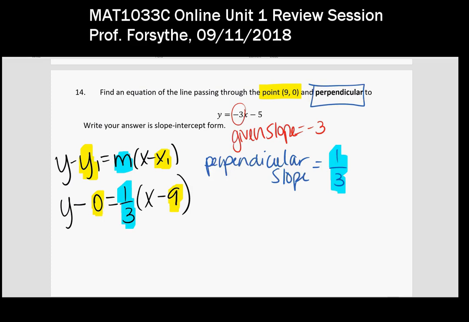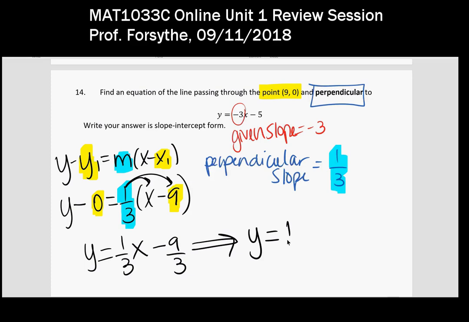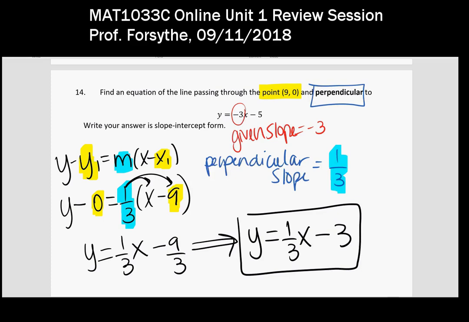So now, y minus 0 is just y equals, and now we're going to distribute this 1/3. So 1/3 times x is 1/3 x. Then 1/3 times negative 9 is negative 9 over 3, which will reduce to y equals 1/3 x minus 3. And that is your final answer.